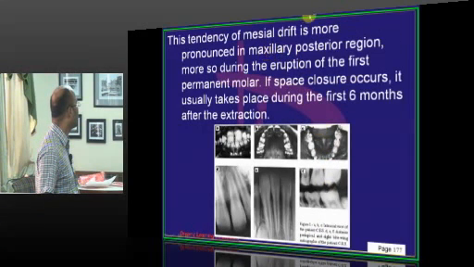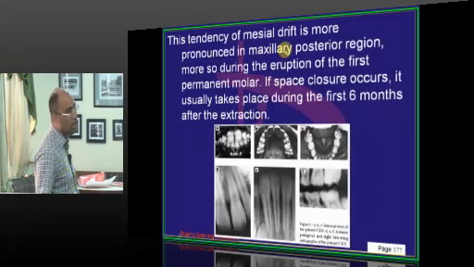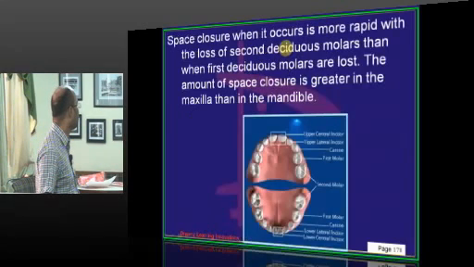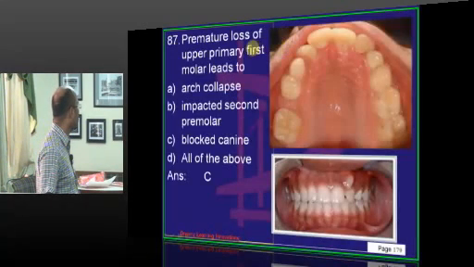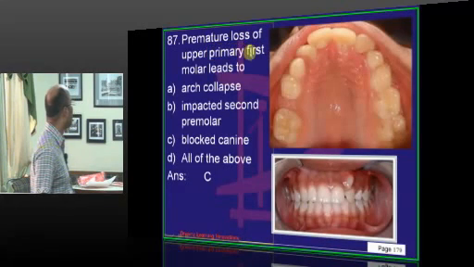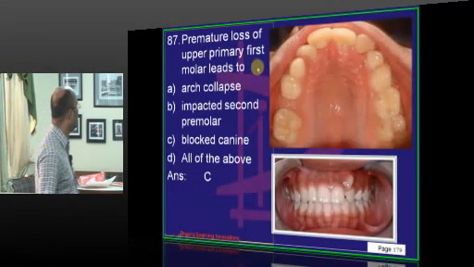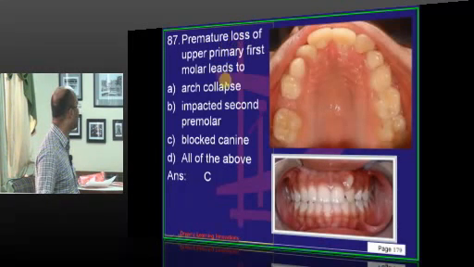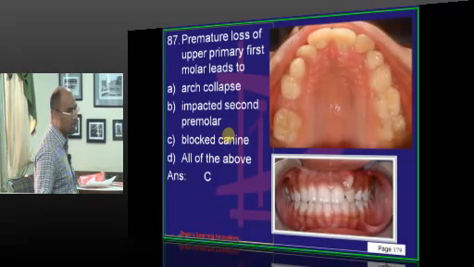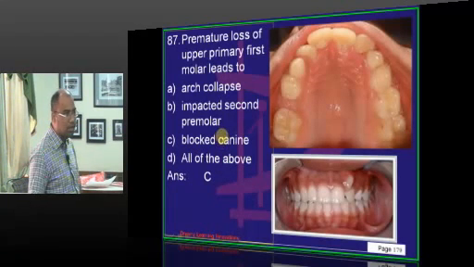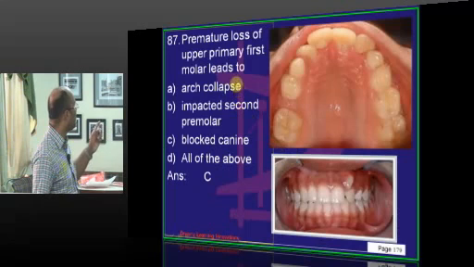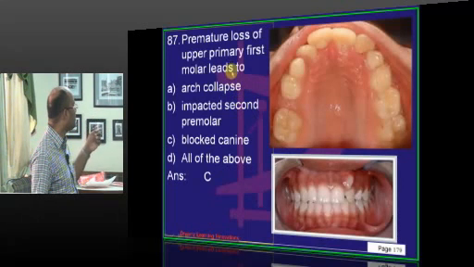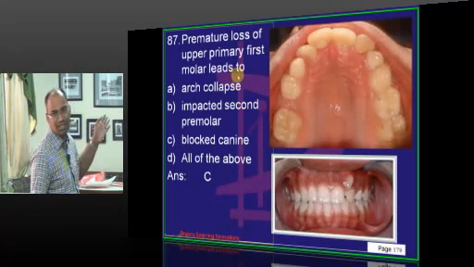As I said, the tendency of mesial drift is more pronounced in the upper posterior region. Premature loss of upper primary first molar, that is D, leads to a blocked canine. Why? Because the permanent first premolar would have erupted in this region.